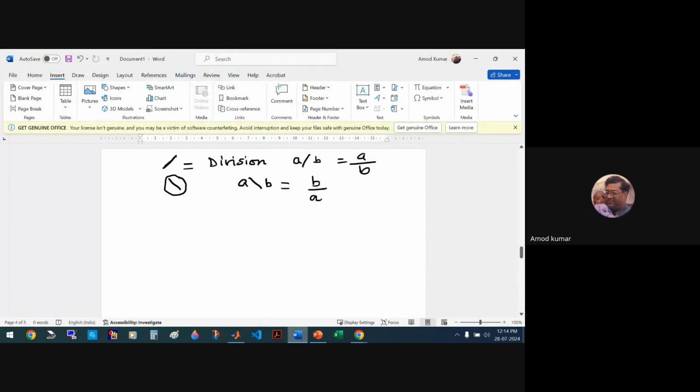Then what other things are allowed with MATLAB? Let us say I write this way. This is a colon operation. I am telling you about the colon operation. Colon means, suppose I write 1 colon 2 colon 10.